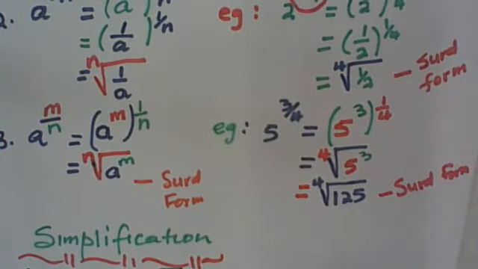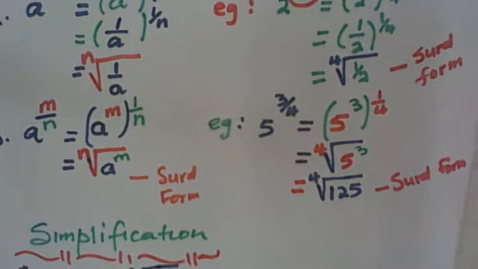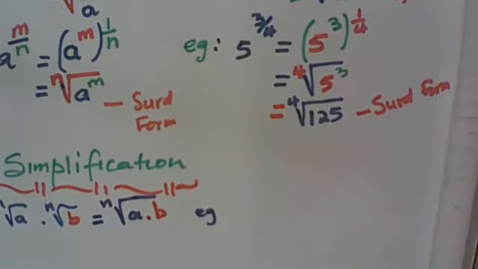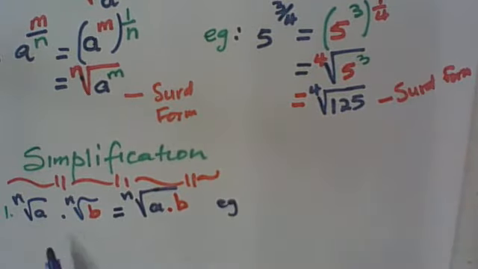What I try to explain is, if you have the nth root of A multiplied by the nth root of B, the end product will be, because the nth root is common, the same as the nth root of their product.